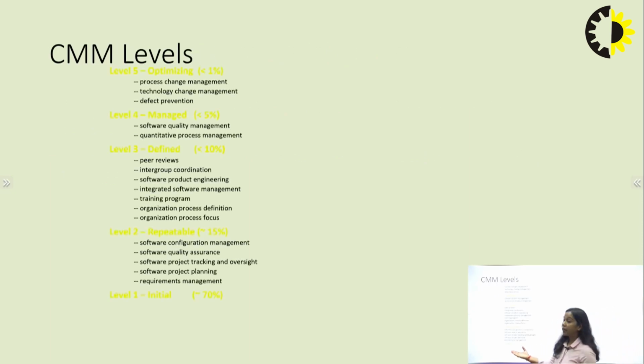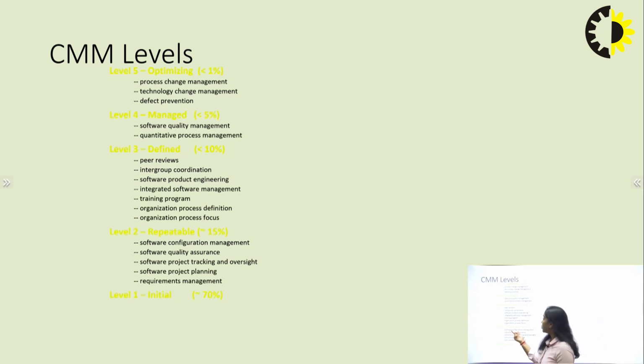The first level is the initial level, at the bottom, which covers almost 70% of the software. Initially we need to check that the first phase is completed at this level, that is your 70%. Then the second level is the repeatable level, covering approximately 15% of the software.